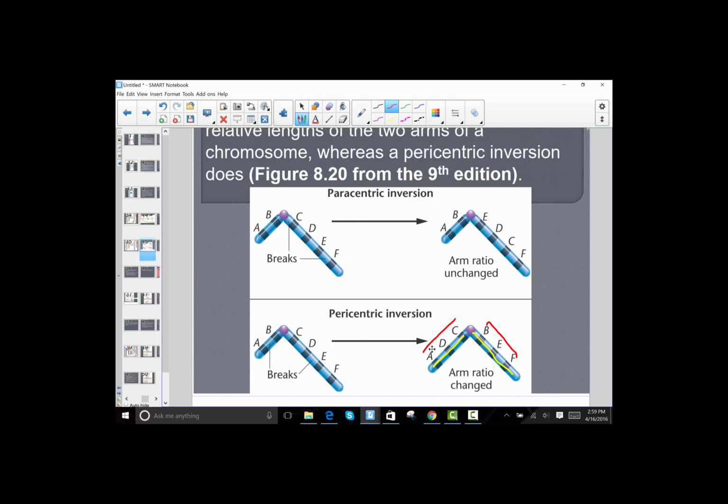If we look at our 2 chromosomes here, we now have a metacentric arm, well, ratio, because our centromere is now metacentric. Okay? So we have a metacentric centromere, because it's now occurring in the middle of our chromosome, and it wasn't doing that before.